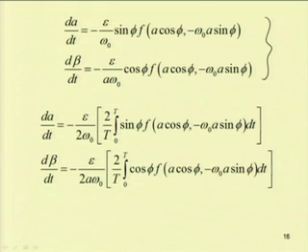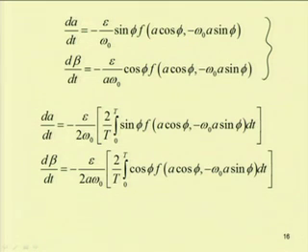That is, dA by dt equal to minus epsilon by omega 0 sin phi f a cos phi minus omega 0 a sin phi, and also d beta by dt equal to minus epsilon by a omega 0 cos phi f a cos phi minus omega 0 a sin phi.